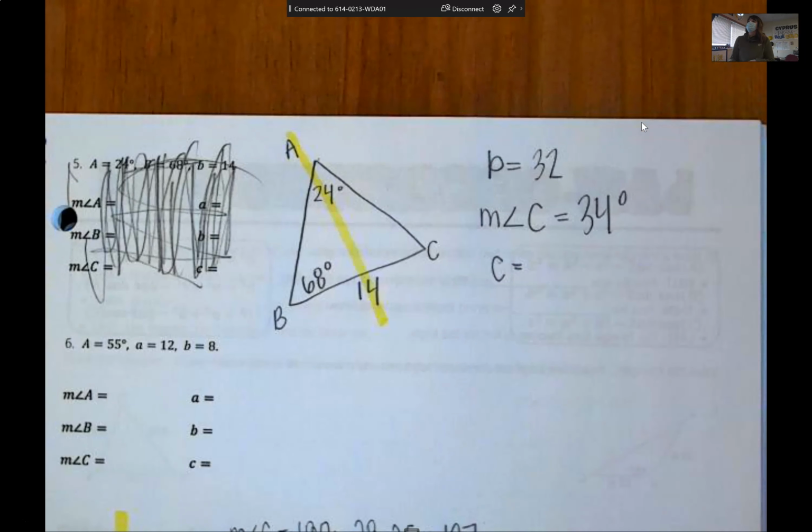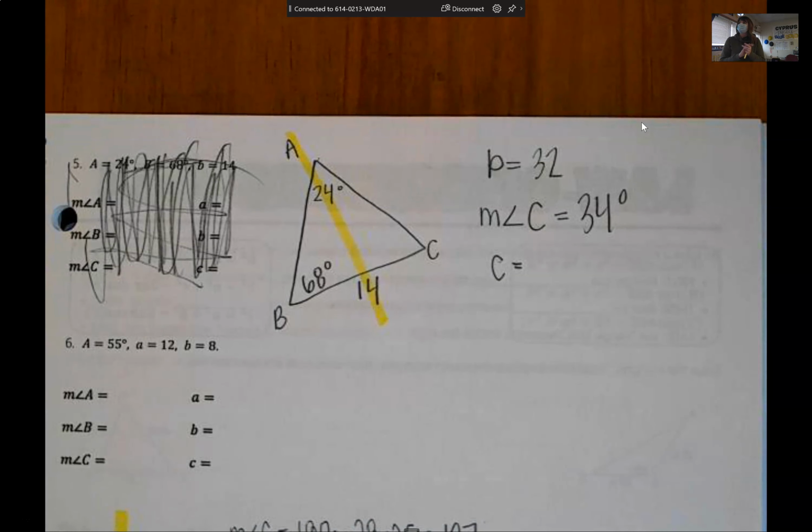Okay, so now find side C. Angle C is actually 88 because 34 plus 24 plus 68 equals 126.